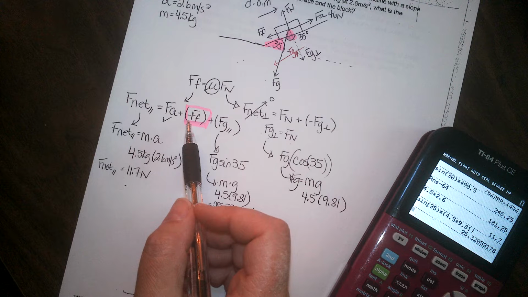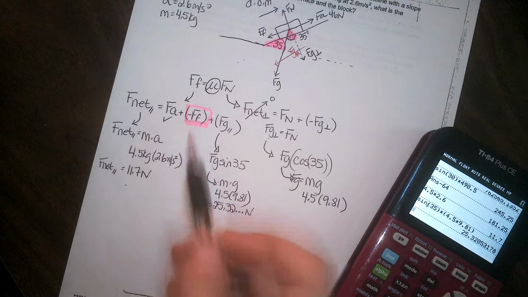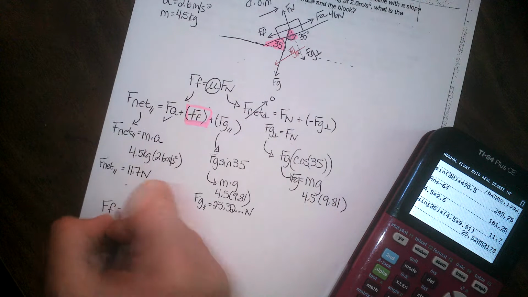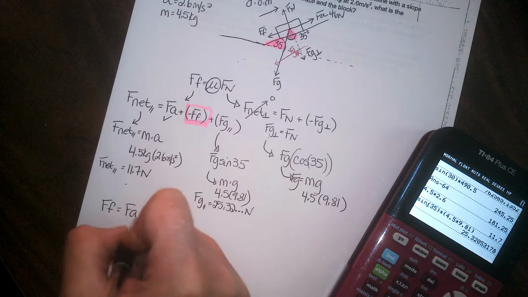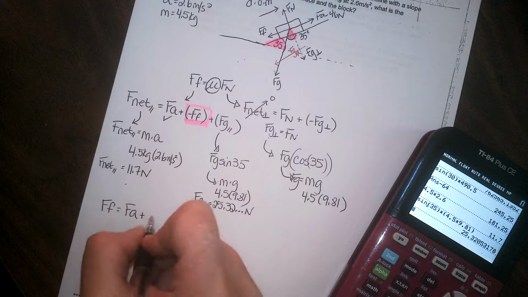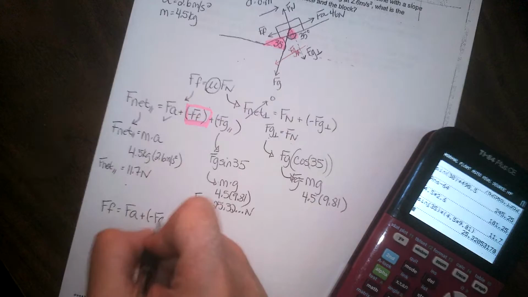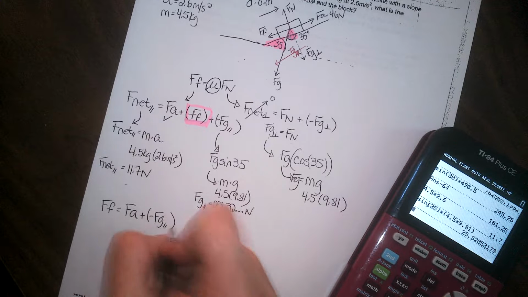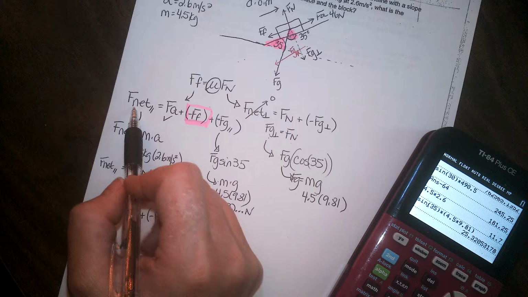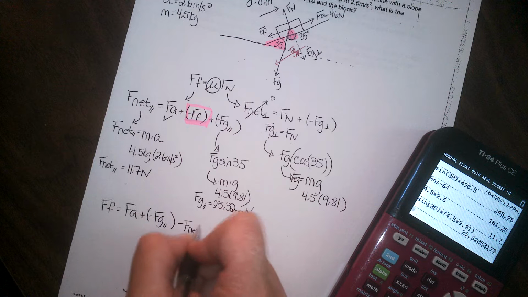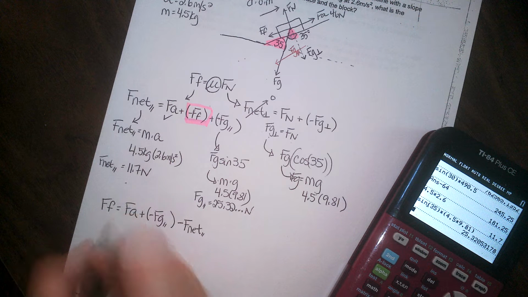What's the opposite math function? Addition. So force of friction is going to be equal to force applied plus, negative force gravity parallel. How do I move this guy over? Minus force net in the perpendicular or parallel.